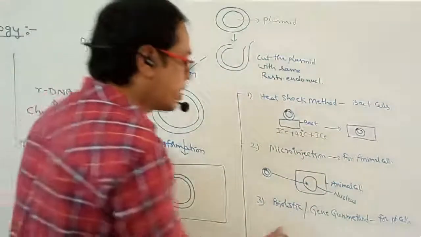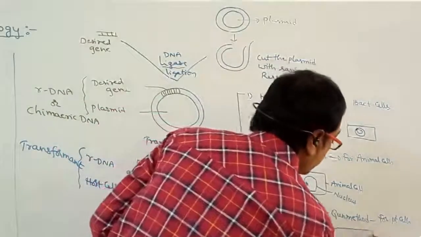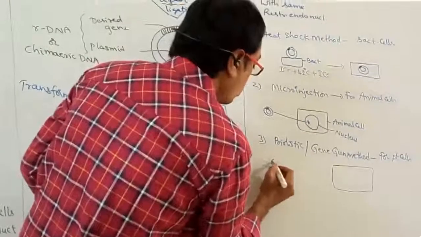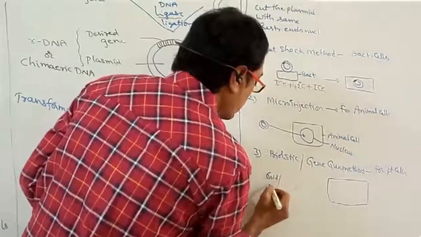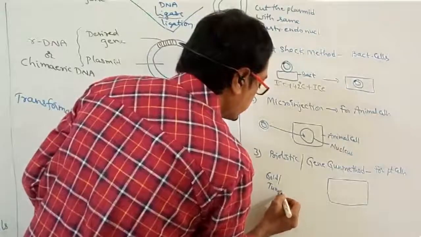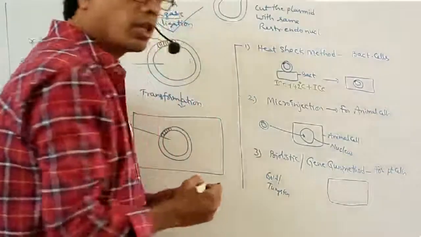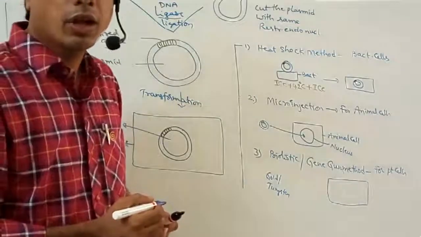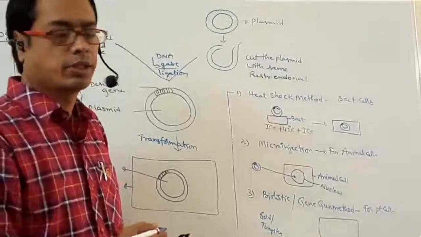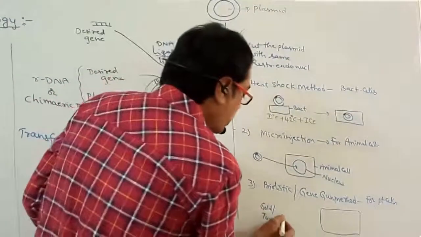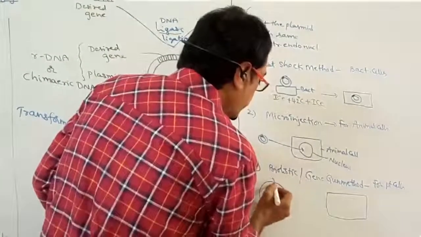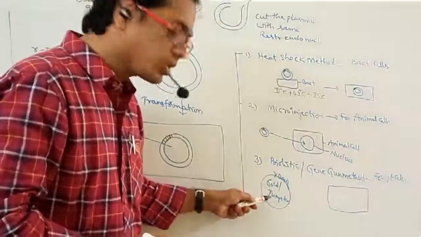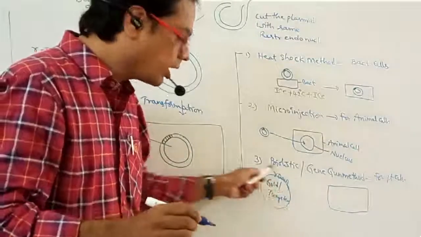Okay, here let us suppose this is a plant cell, and here that is gold or tungsten. These are high velocity microparticles. These microparticles are coated with rDNA. Gold or tungsten are coated with rDNA.